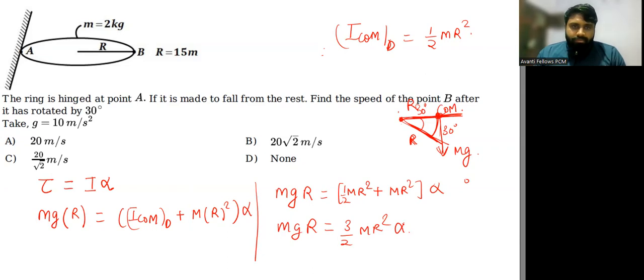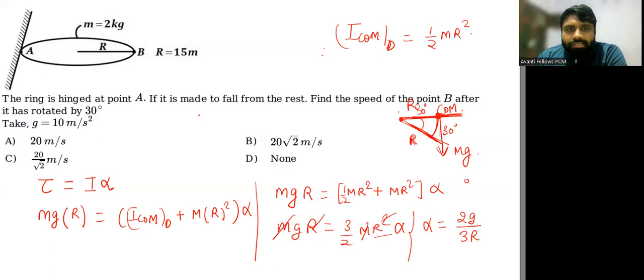From here, you can cancel out the m and the r. So alpha is nothing but 2g by 3r.